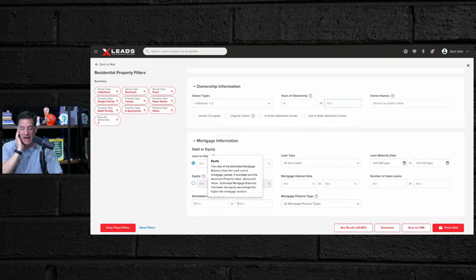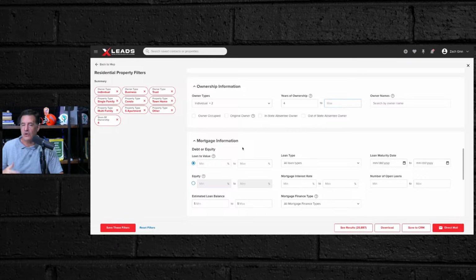Equity, equity, equity. So remember, if somebody had a $100,000 property and the equity percentage was 80%, they only have $20,000 to work with in that house. And you have to understand that. So remember, the lower the number, the more equity they have. And so we have all the cheat sheet filters.